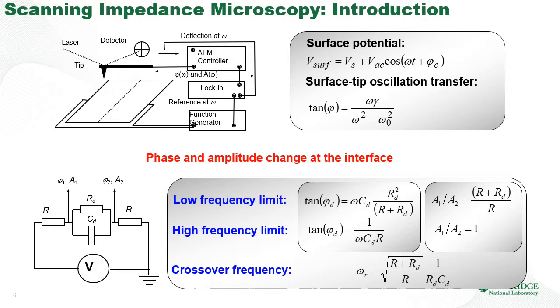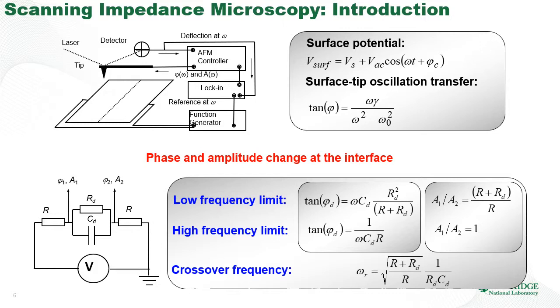The second application that led us to the idea of using KPFM in liquid was the scanning impedance microscopy. So scanning impedance microscopy is very similar to the KPFM. The only difference is that in KPFM we apply AC bias to the probe and the DC bias across the sample. In the impedance microscopy, the biases are inverted.